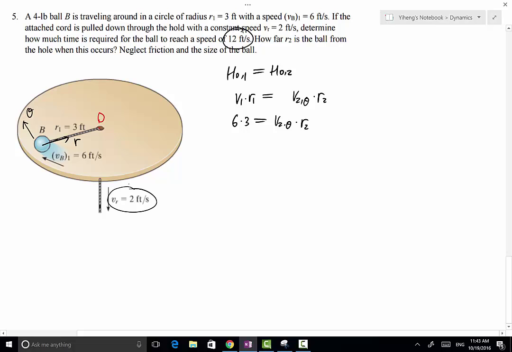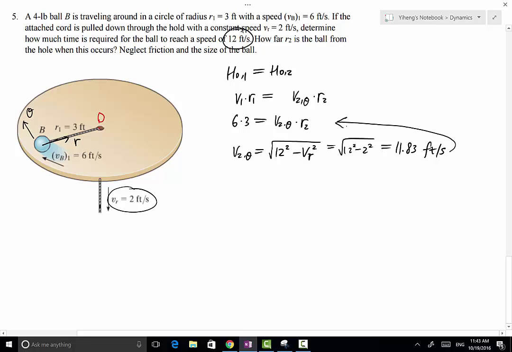Therefore, v2 theta can be determined as the square root of the total final speed 12 squared minus vr squared, which equals the square root of 12 squared minus 2 squared, and that equals 11.83 feet per second. If we substitute that into this equation, we can solve for r2, and r2 equals 1.52 feet.